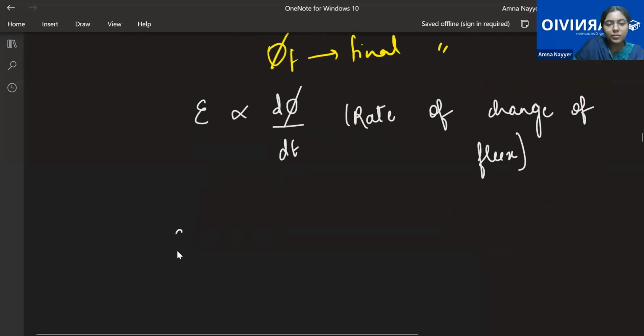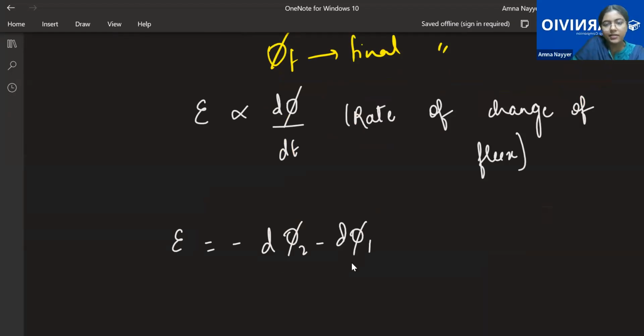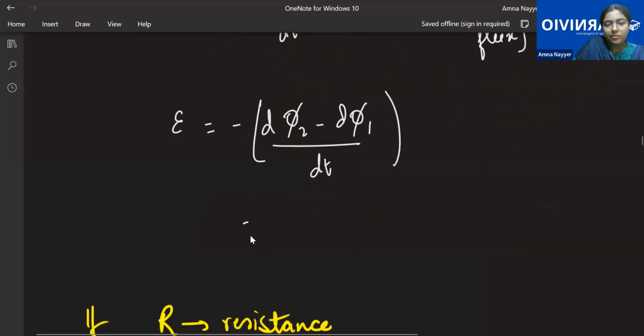Now, the change in the flux can also be written with a minus sign. Why a minus sign, that we'll talk about later. It is d phi 2 minus d phi 1 over dt. So the final formula of EMF becomes E is equal to minus d phi over dt.